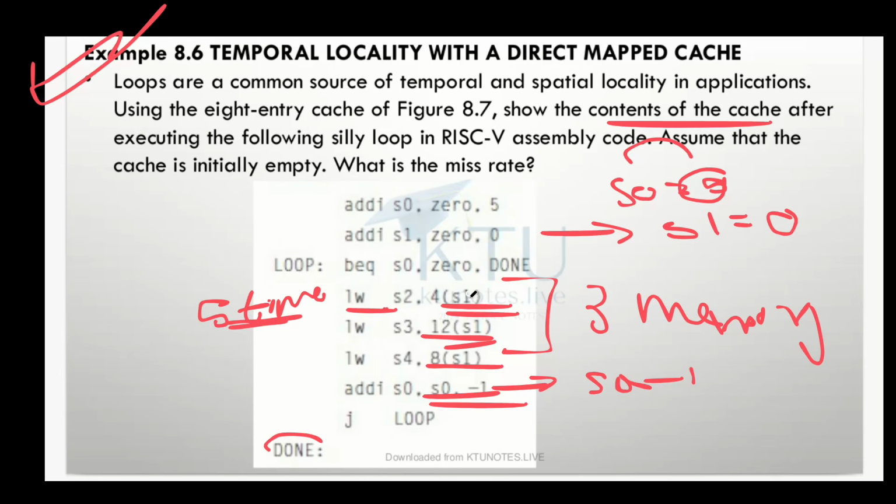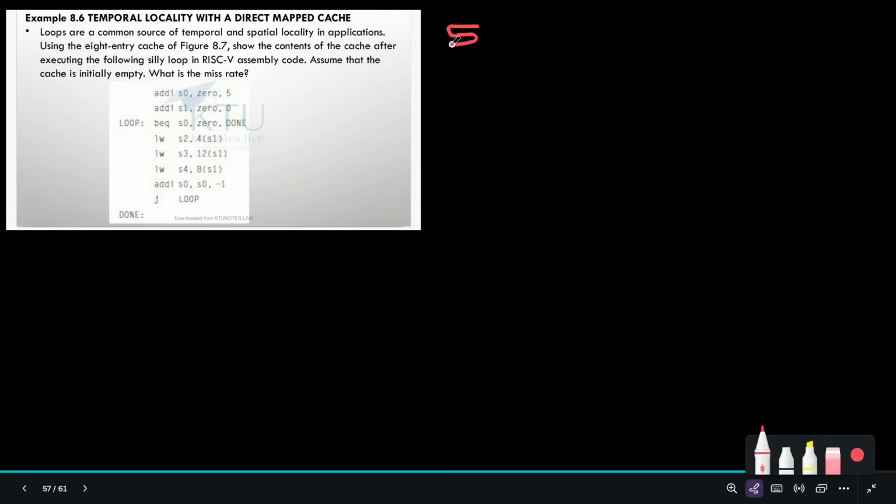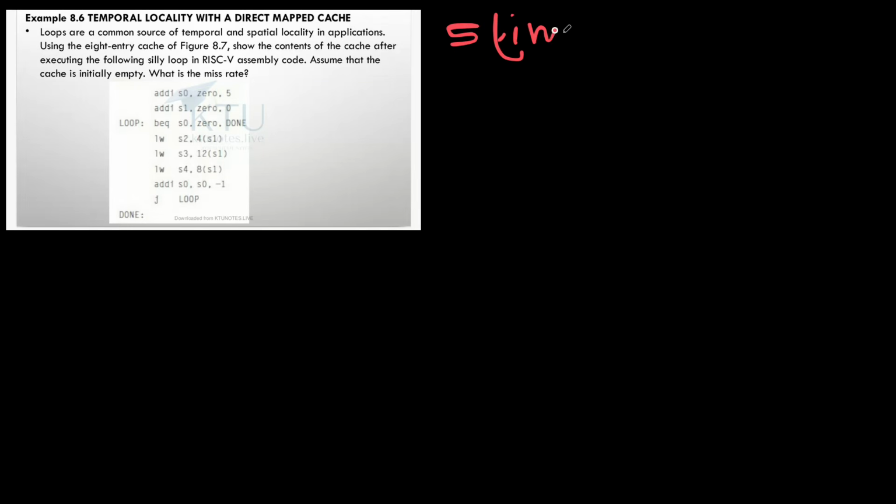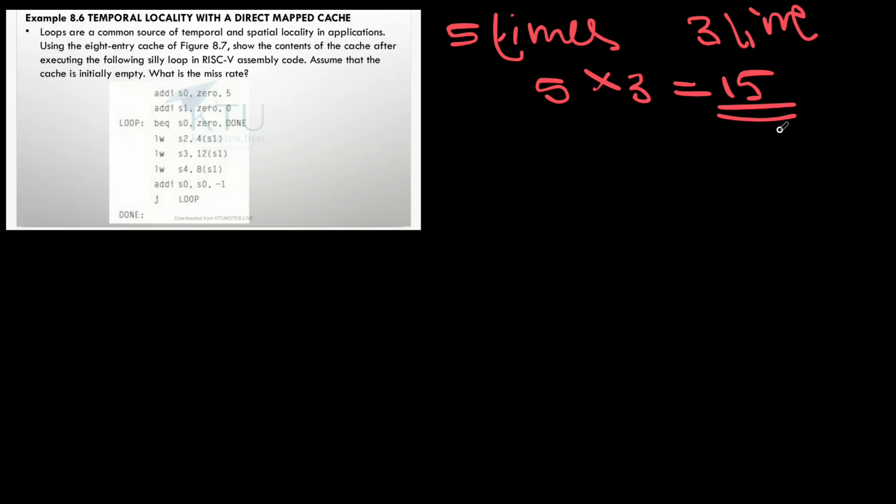So that means 3 times in each loop you are accessing the memory. 5 times the loop is there, and in each you are accessing the memory 3 times. So 5 into 3, total memory access would be 15. 15 is the total memory access.